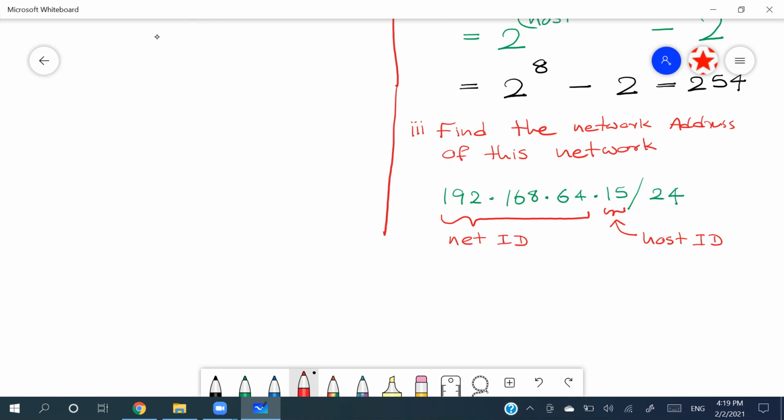And 64 will be represented in some binary pattern, and again we keep it as it is, because the concept of generating the network address is keeping the net ID bits as it is and changing the host ID bits into zeros.